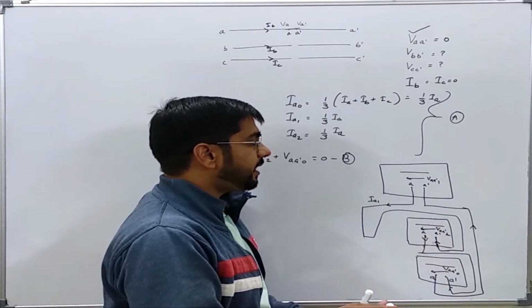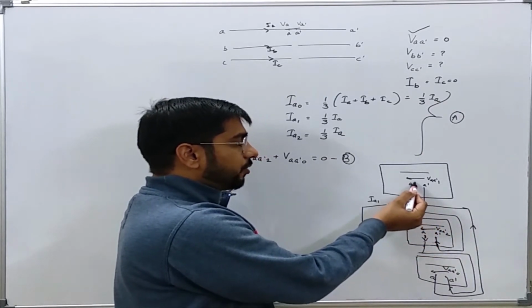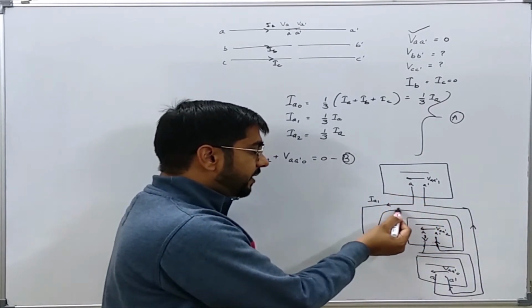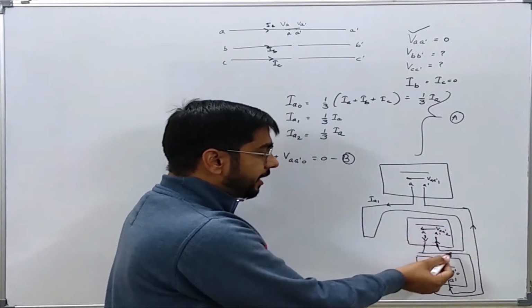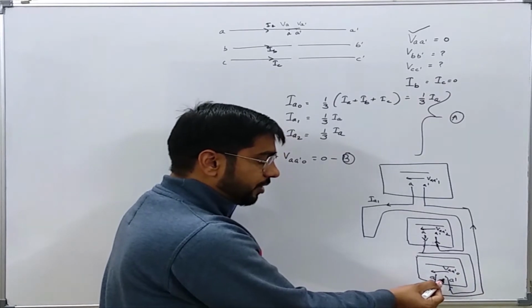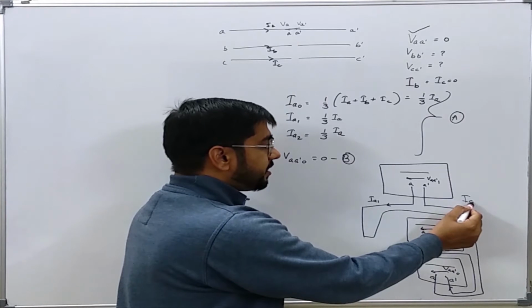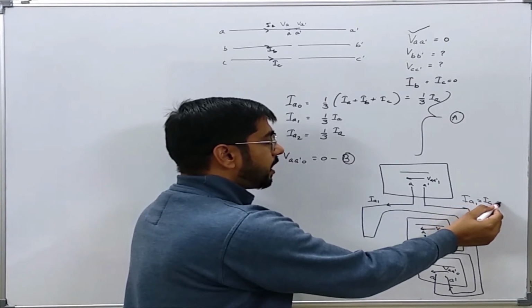We can clearly see that current IA1 will enter into the positive sequence network, leave from this, then enter into the negative sequence network and leave from this, then enter into the zero sequence network and leave from this. Now IA1 is equal to IA2 is equal to IA0.